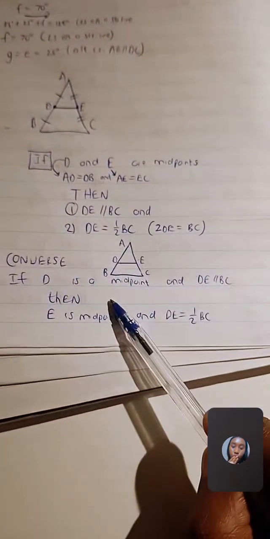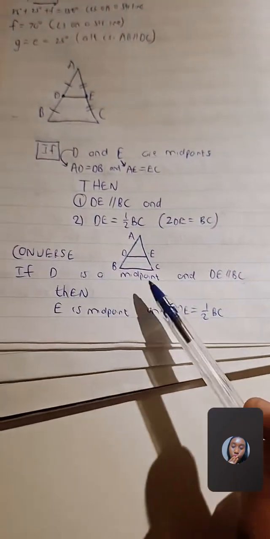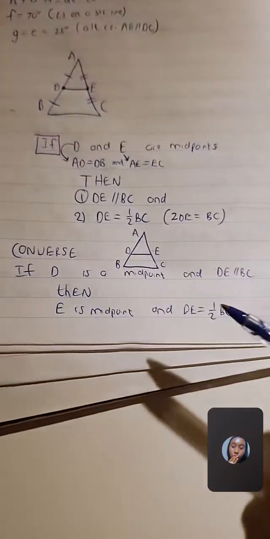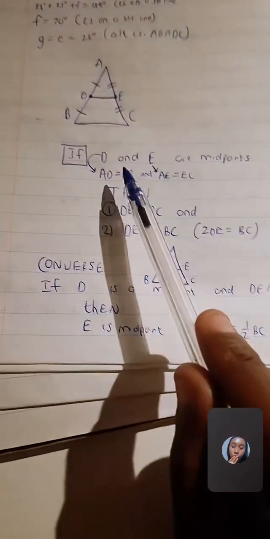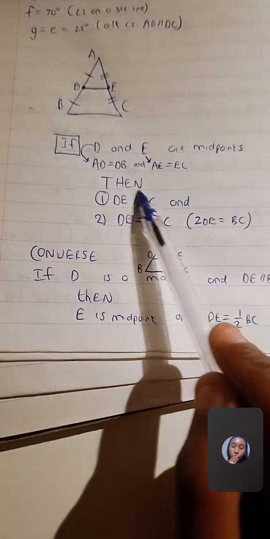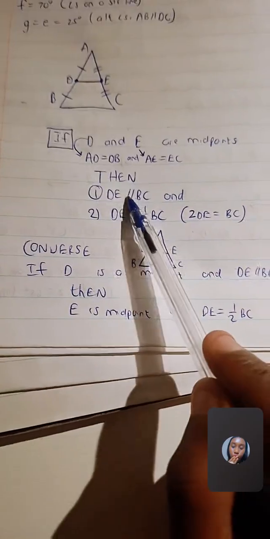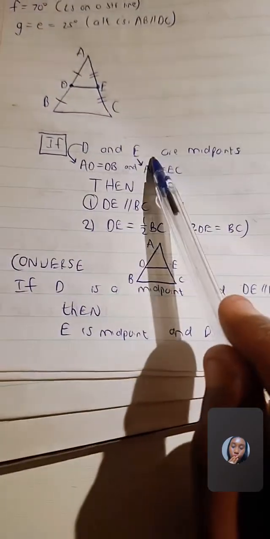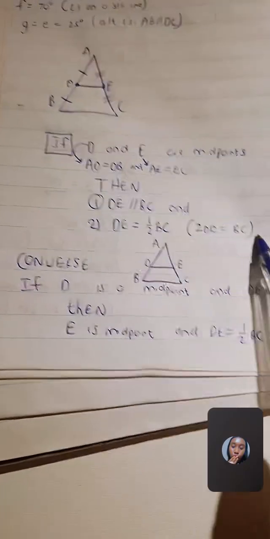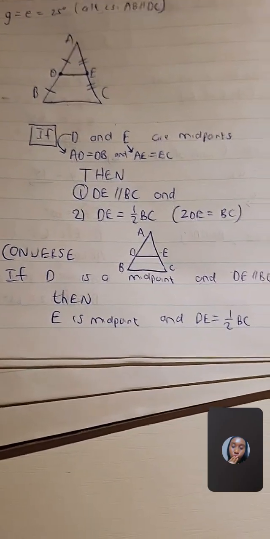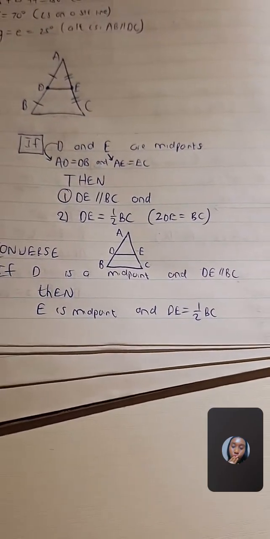I'm sure you can see that this is just the midpoint theorem restated, because they've taken this part, mixed it with this here, and made those the conditions. Then they've taken this part and this part and made those our results. Does that make sense? That's the converse of the theorem.